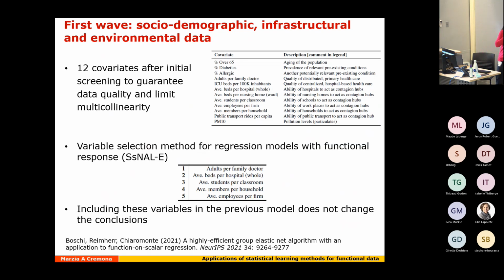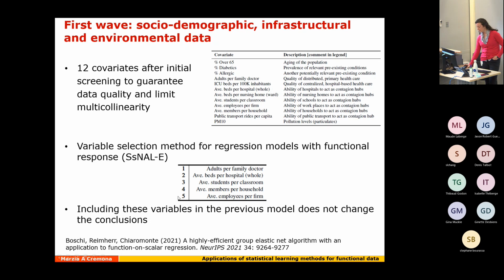So here we employed a methodology, again for functional data, developed by my collaborators. Basically, what we did was to try to select among these variables. We considered the relationship between all these 12 covariates and our mortality curves.